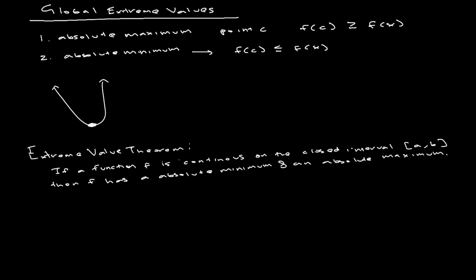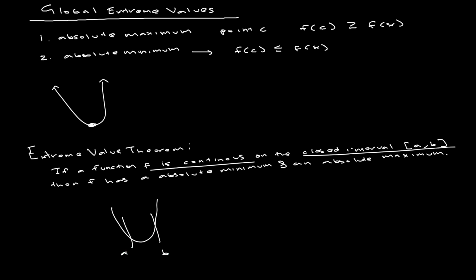So think about why. We need f to be continuous, and we need a closed interval, because let's say we're dealing with an open interval. Let's go back to our U-shaped curve, and we have the interval between this point a and this point b, but b is not included.